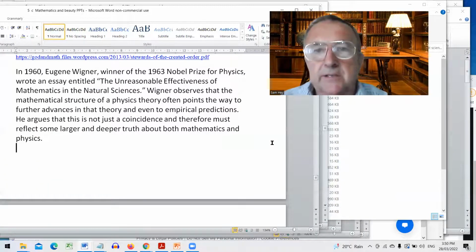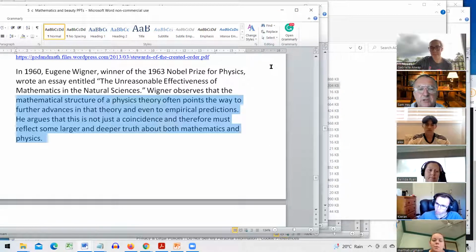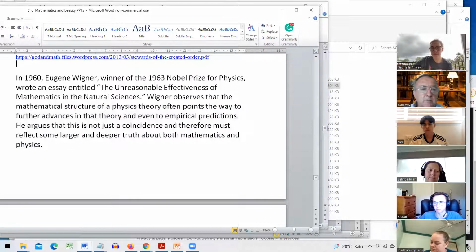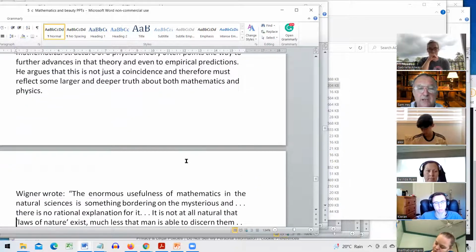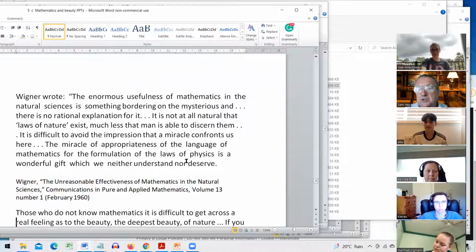The other thing that we can do is for students who are Christians, we can show that there is a God aspect to mathematics. Eugene Wigner, winner of the 1963 Nobel Prize for Physics, said, "The unreasonable effectiveness of maths in science points the way to not just coincidence, but something much bigger is going on," such as God at work in maths and the same God at work in your life and mine.